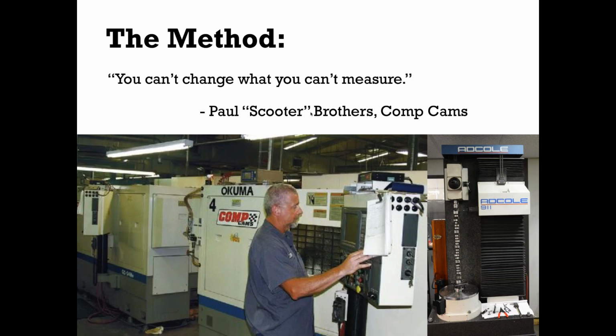So it made more sense for them to buy an AdCol before they bought a CNC cam grinder, because the AdCol could measure down to 1/10 of a micron and tell them what's going on. And it's like, oh, okay. If you can measure 1/10 of a micron, now we can start getting better with the Berkos and the Landis and all that before we get into everything else.